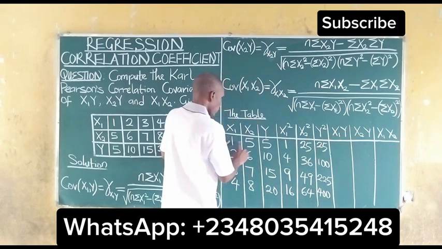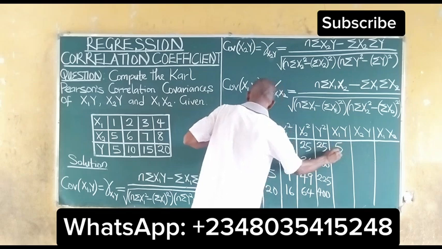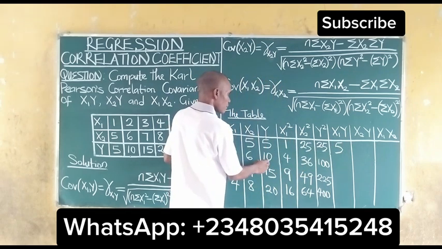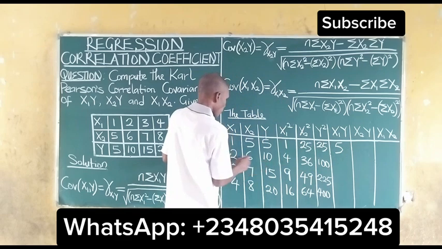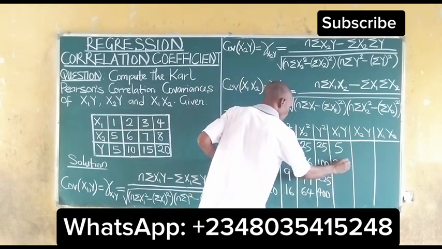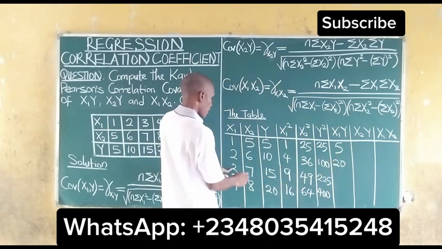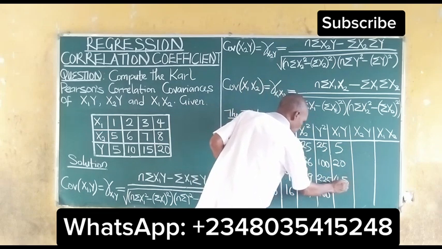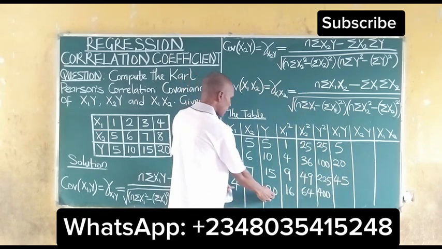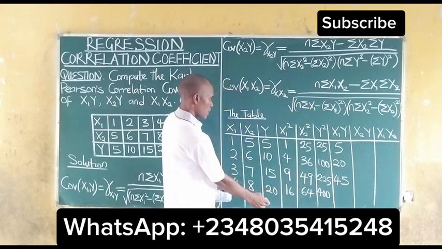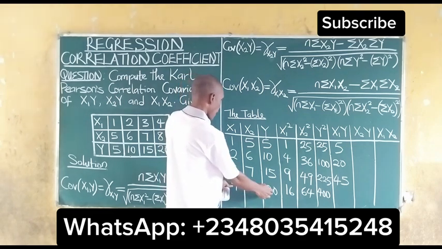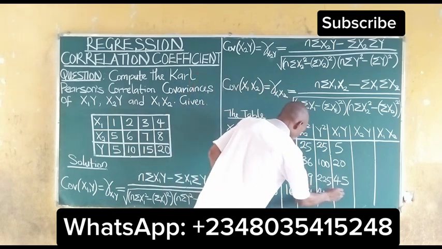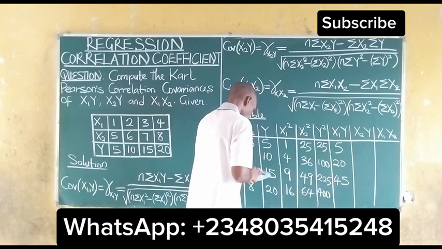For x1y, 1 multiplied by 5 is 5, 2 multiplied by 10 is 20, 3 multiplied by 15 is 45, 4 multiplied by 20 is 80.